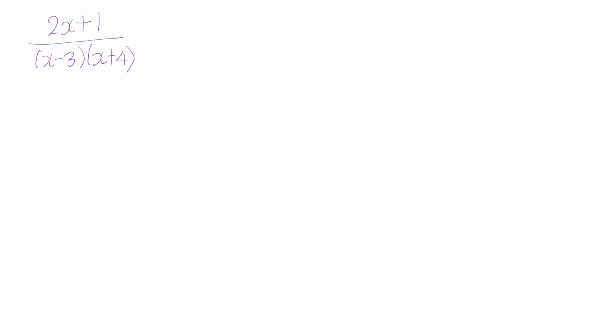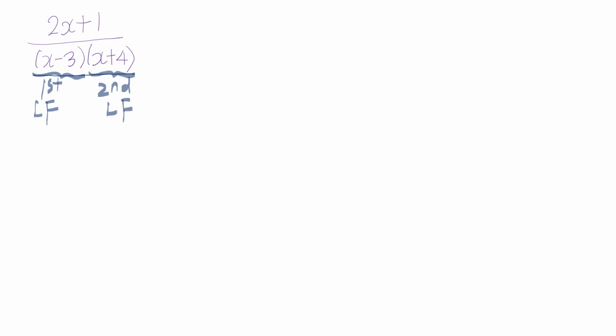What is the rule that I can apply here? Let's examine your denominator. Your denominator is made up of two linear factors. x minus 3 is your first linear factor, and x plus 4 is your second linear factor.